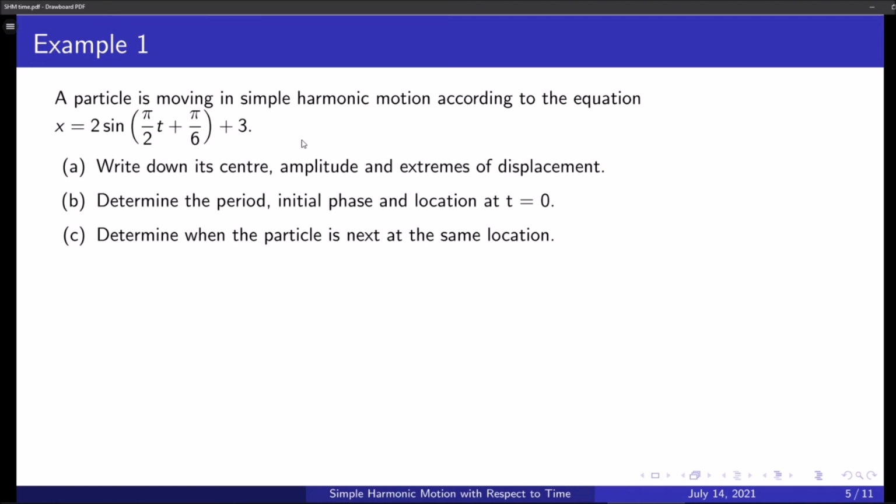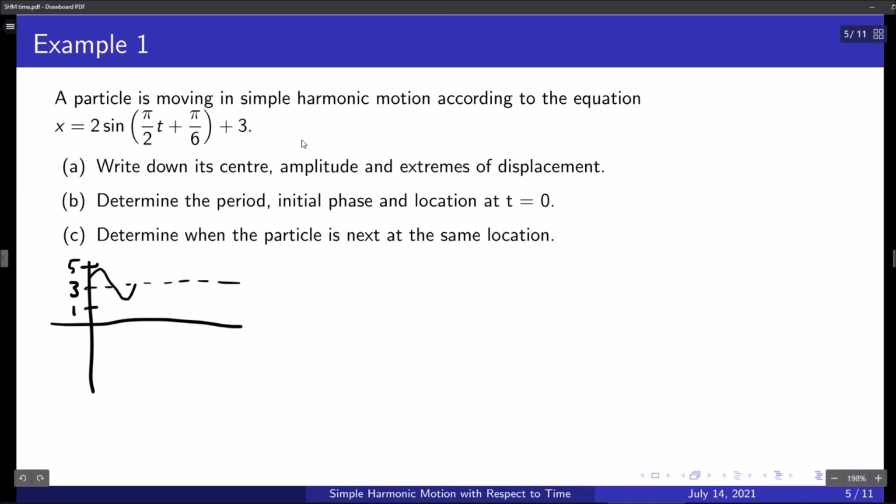So what does the 3 do? Imagine if we have the function, 3 just shifts everything up by 3 units. Which means that with the amplitude of 2, it goes 2 above and 2 below, doesn't it? However the wave moves, the particle will be moving between 5 and 1.